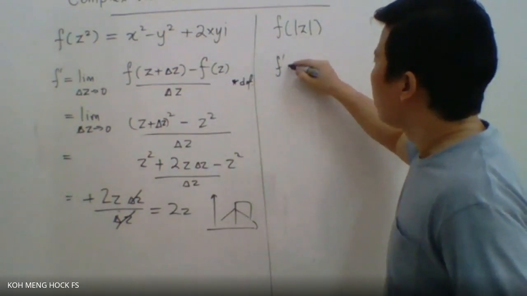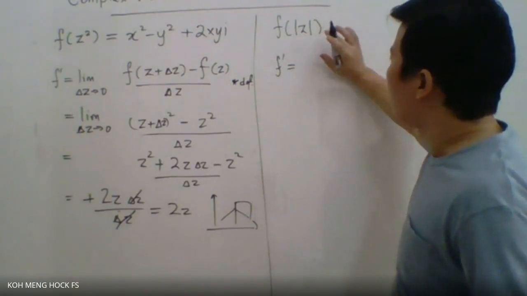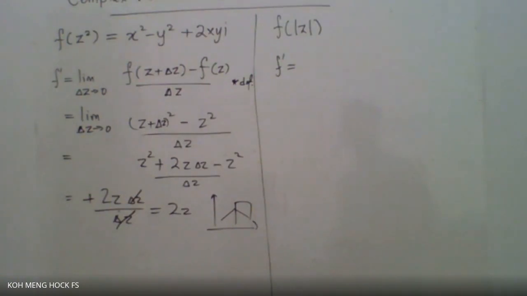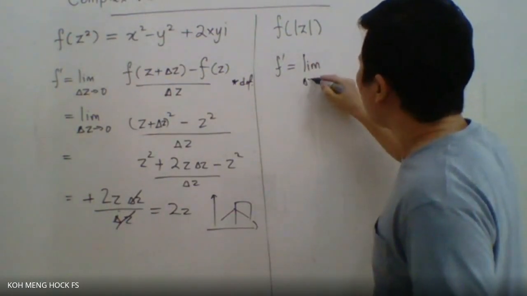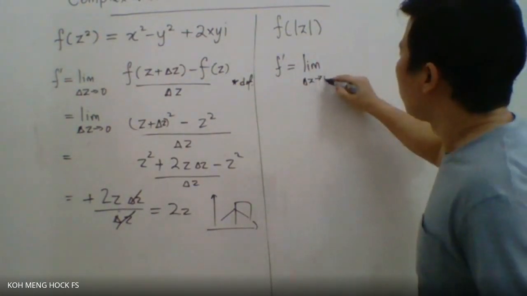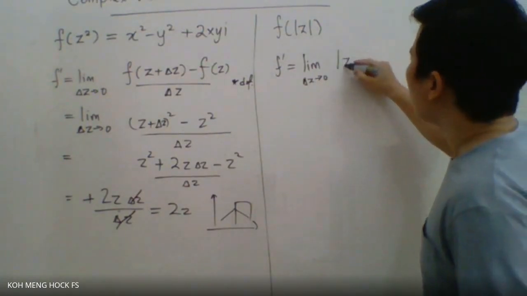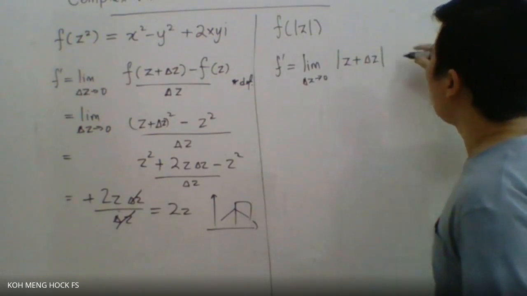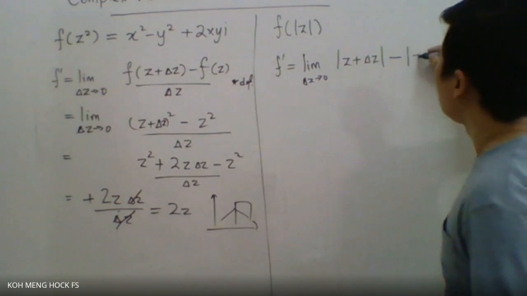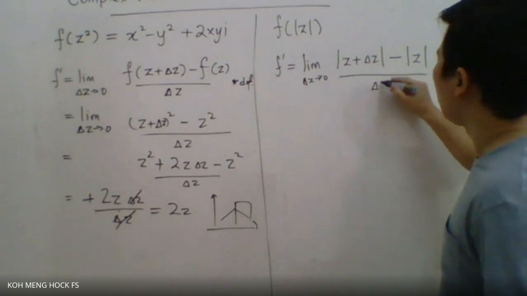f prime is going to be, let me just write this one, the limit as delta z tends to 0. Here you have f of z plus delta z minus f of z, divided by delta z.